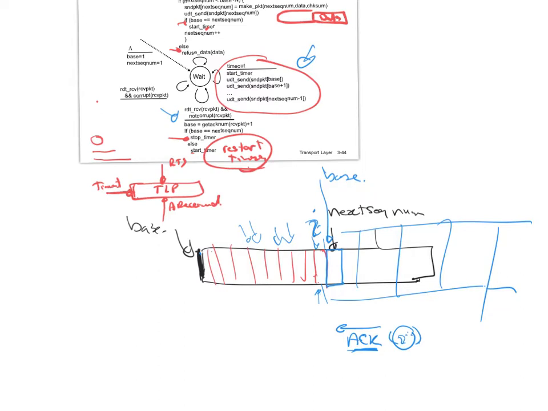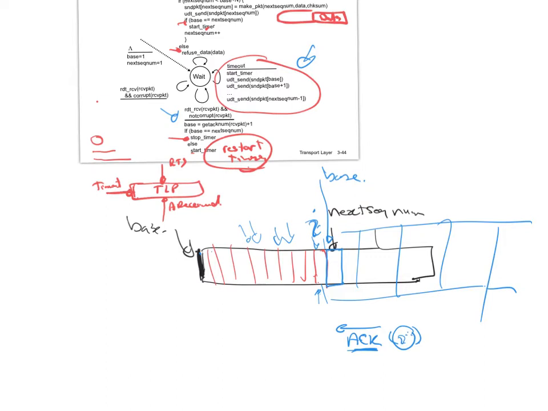Whenever I receive an acknowledgement, the value of the base changes to indicate a sliding of the window. Technically, what does it mean? I slide the window. What does sliding the window mean? That all the n packets or the n segments in this window, I can send.